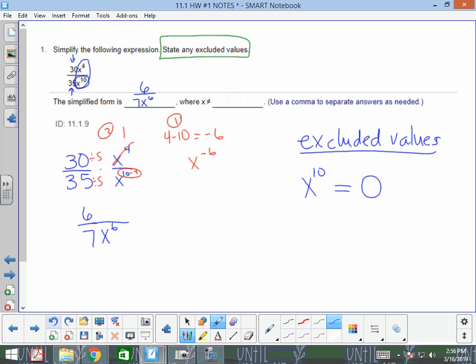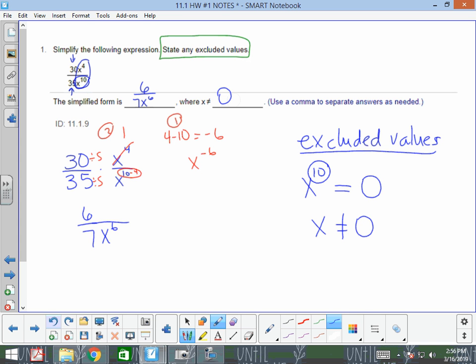We're going to set it equal to 0. It doesn't matter what this exponent is. All we want to know is what x is. So x is 0. x can't be anything else but 0. 0 to the 10th power would be 0. So that's our excluded value. This is basically what x cannot equal.